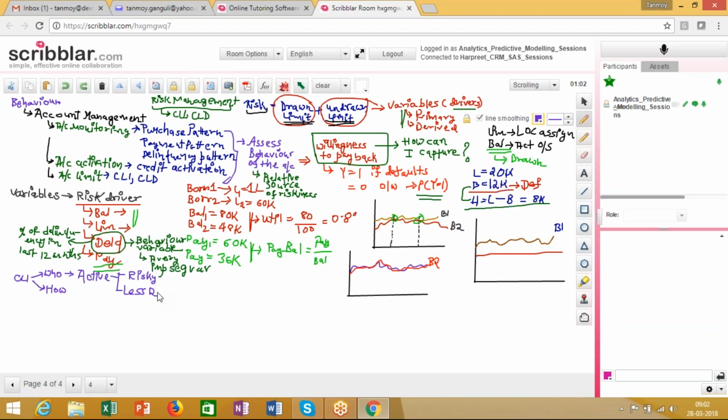Mostly the borrowers who are relatively of higher risk would be given simply a credit limit decrease. Their limits would be either decreased or they would not be given any limit increases.